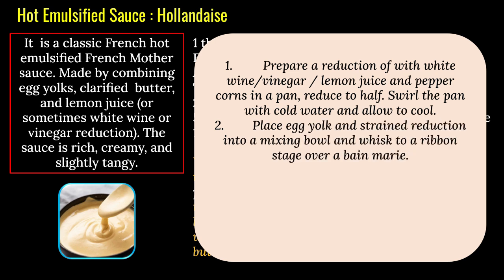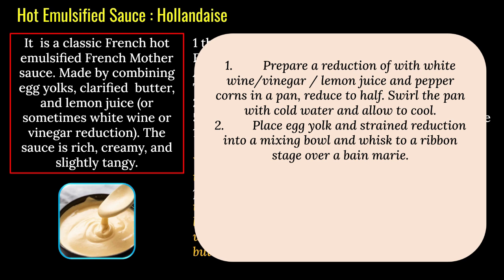Now, place the egg yolk and strained reduction into a mixing bowl. What you are going to do, you take a separate bowl or a pan, take the egg yolk, the liquid which is reduced, that is strained and added, and whisk it. How long are you going to whisk?